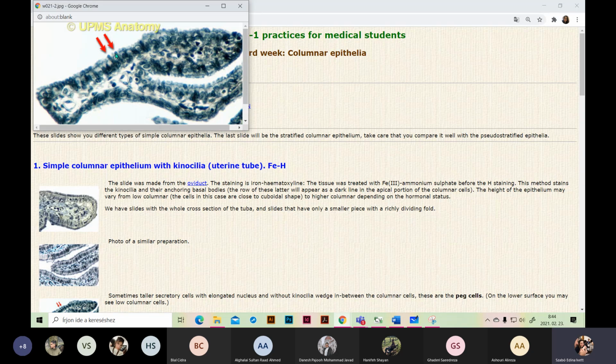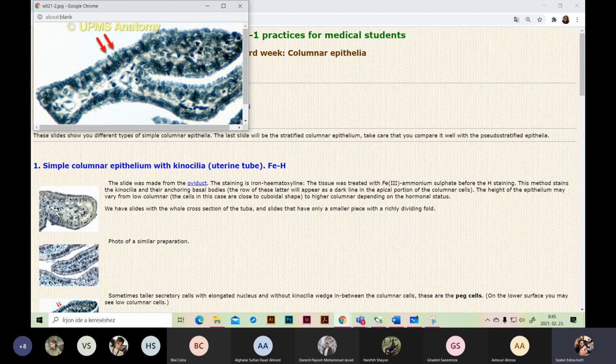We have several pieces of information about the function of peg cells, and these are different types of theories. But in our institute, in our department, the most accepted is that peg cells are degenerating secretory cells. These were secretory cells, but they are already in the progress of degeneration.